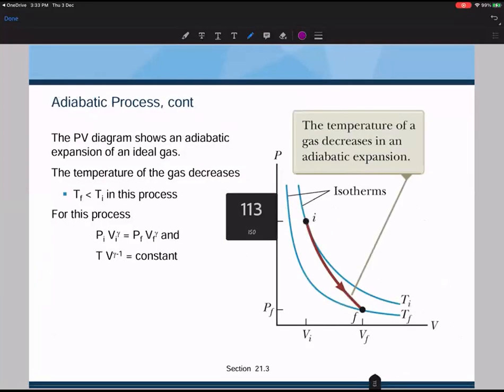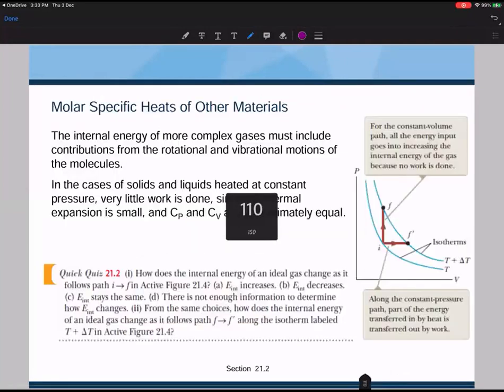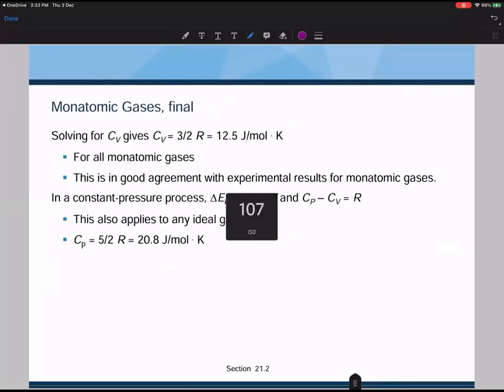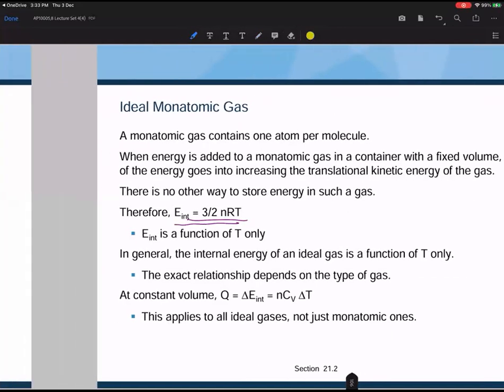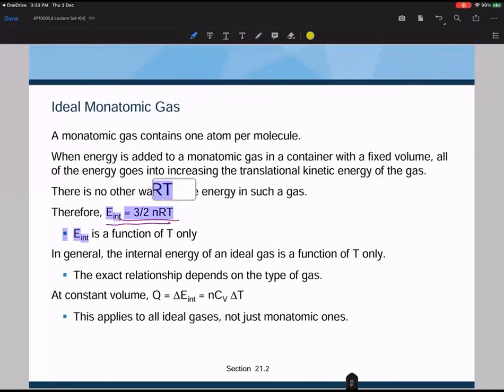So I try to find the exact slide which contains the equation. The internal energy for the monoatomic ideal gas is this one: 3/2 nRT.